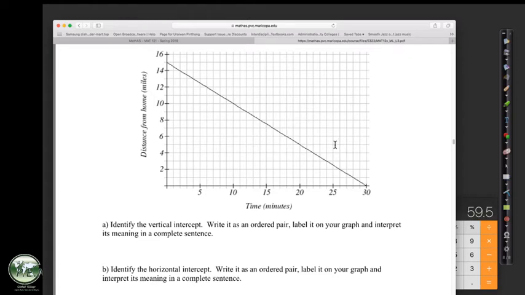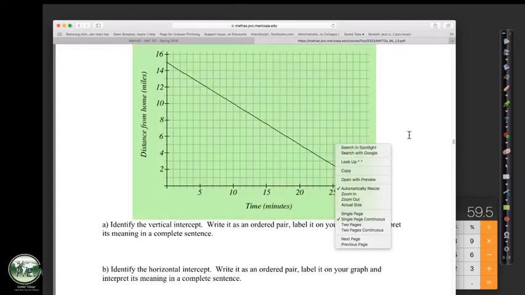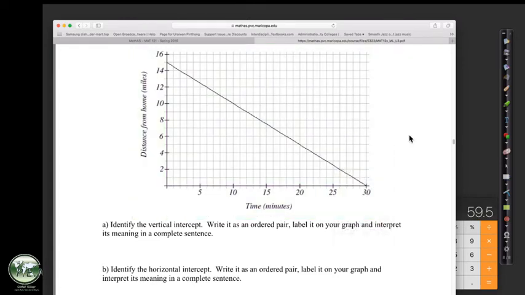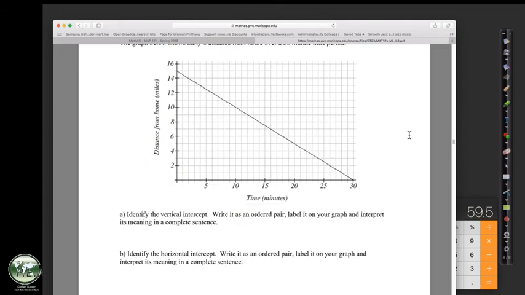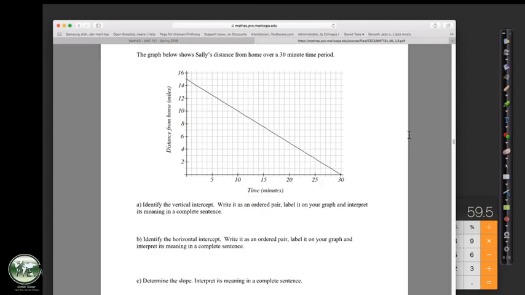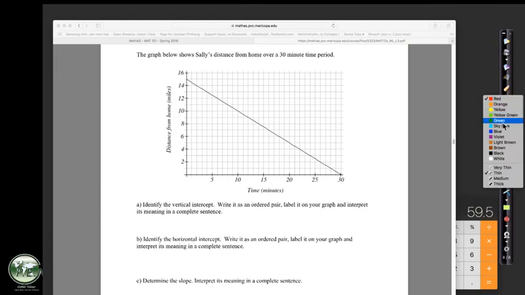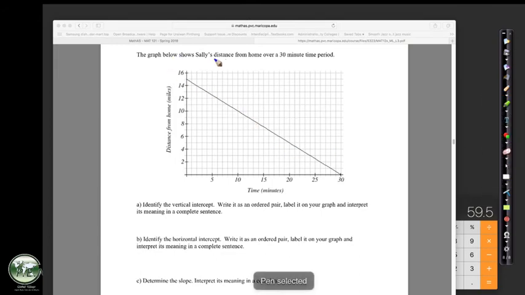Let's see. Make it a little bit smaller so we can get a few more questions on the screen. Can you still read that okay? Okay. So we've got this graph.